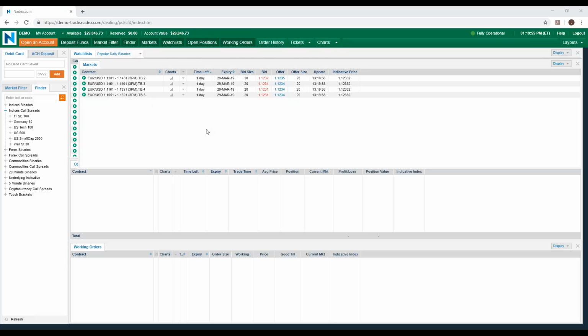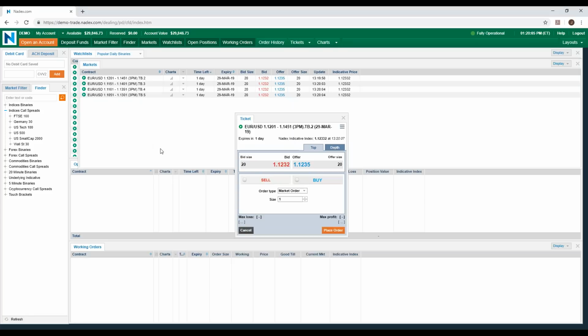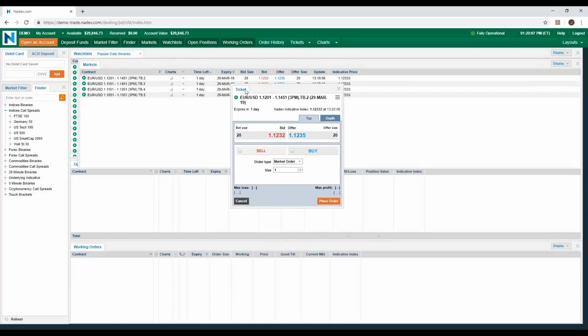So basically, for example, let me open this one up. This particular touch bracket has a floor, a bottom, of 1.1201 and a ceiling, or top, of 1.1451. So you understand that part, right?